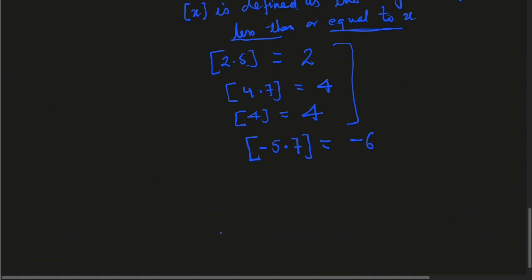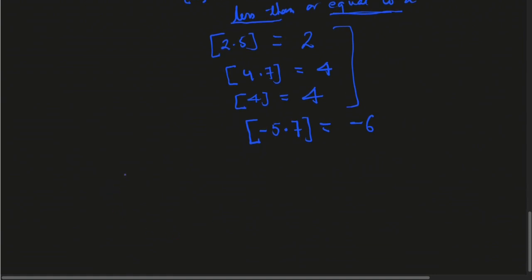One more piece of information I'd like to give: any value x can be written as the sum of its greatest integer plus its fractional part. This is called the fractional part function.